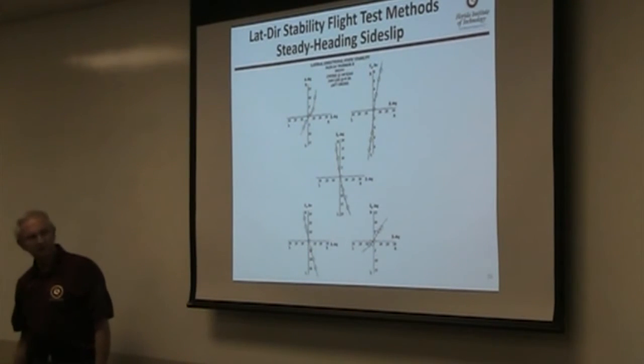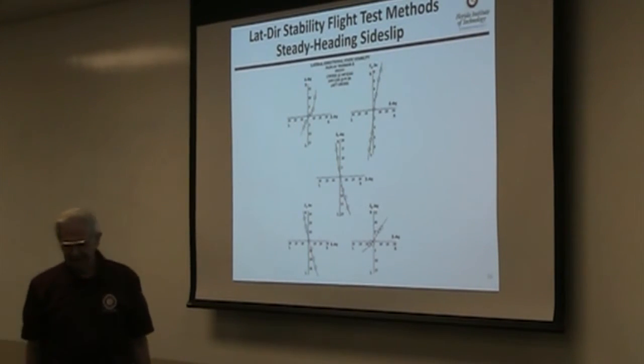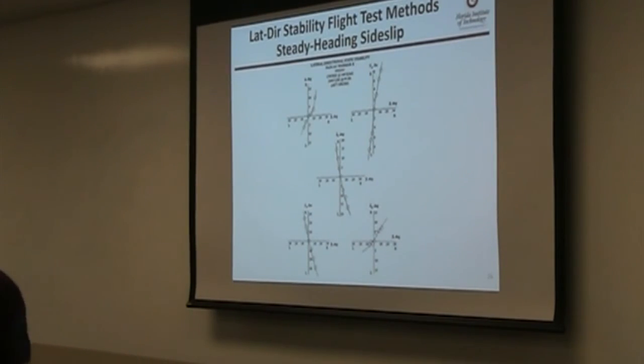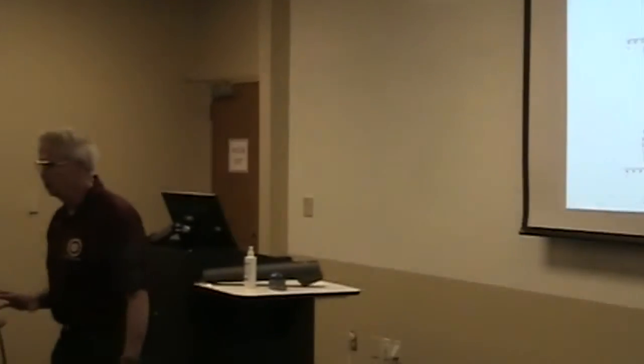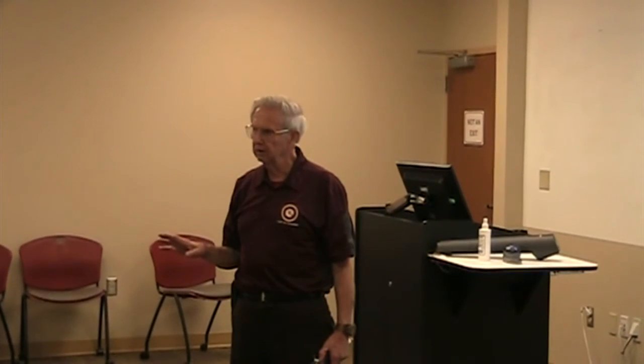Well, here's the kind of data you will get. Now, one of the things I want you to notice here, most of what we've been doing so far longitudinally has been reasonably linear.